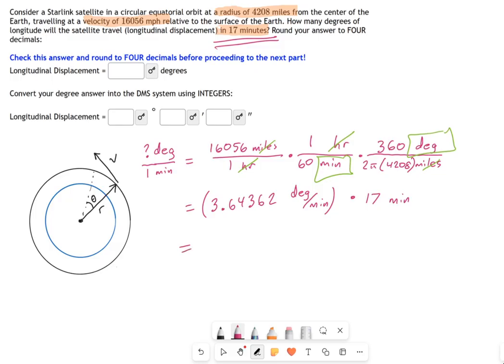Okay, and that's going to give me the total number of degrees traveled, which is, let's see, my calculator says 61.9415 degrees. Okay, that means this satellite, which might have started off over here, takes a pretty good trip, carving out a nice section of the planet there, maybe 60, 61, 62 degrees in only 17 minutes. Got a good chunk of the way around.